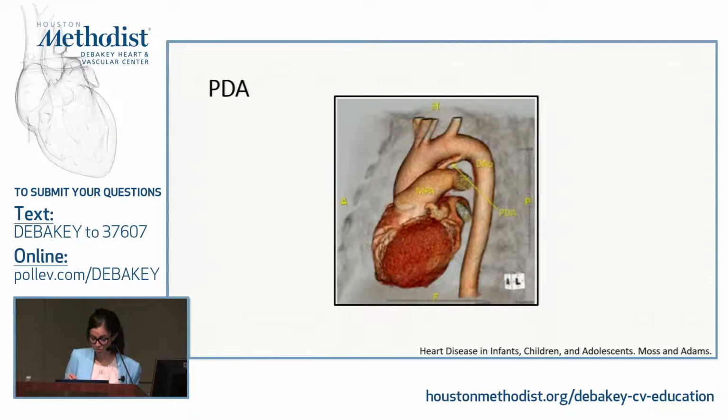The one thing to clarify here: when you calculate the QP:QS in a patent ductus arteriosus, it is slightly different from what you will usually do, and it's just because of the location of the shunt. So, very simplistically, you just flip your flow.